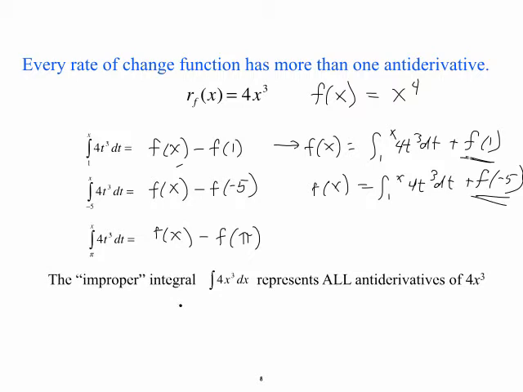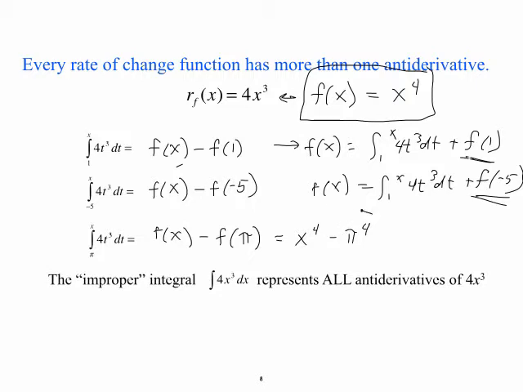Okay, so the improper integral, actually let me piece this together. We've said that this is one function whose rate of change will give me this. So if I were to rewrite these things, this would say x to the 4th minus pi to the 4th, right? So this is an example of an accumulation function whose rate of change is 4x cubed, right?